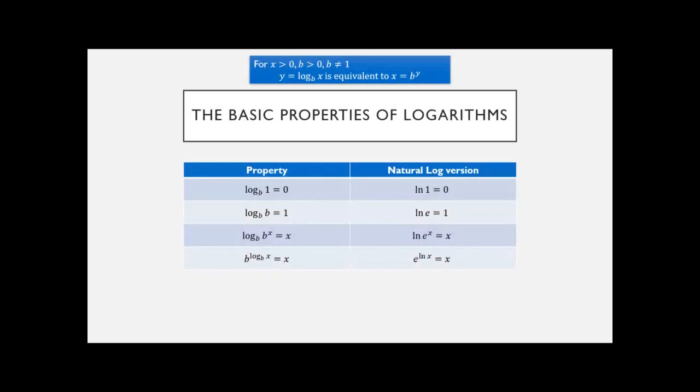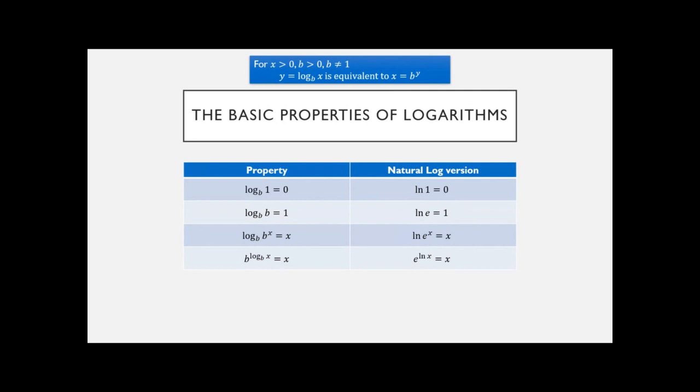To go back to the properties of logarithms, when you use the natural log, they're slightly different because we've got a specific base. The natural log of 1 is equal to 0, just like the log of 1 is always 0. The natural log of e, the natural log and e cancel out, and you're left with 1.